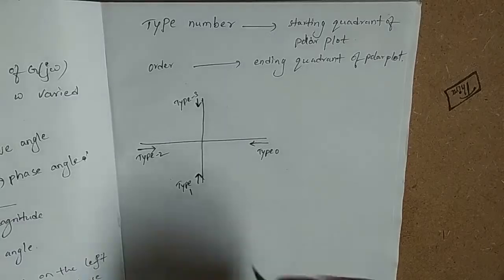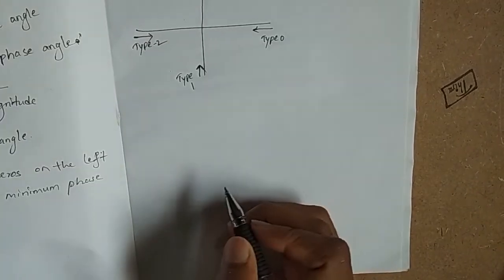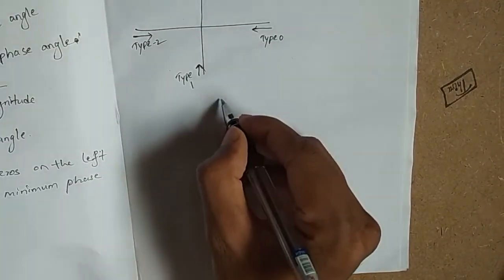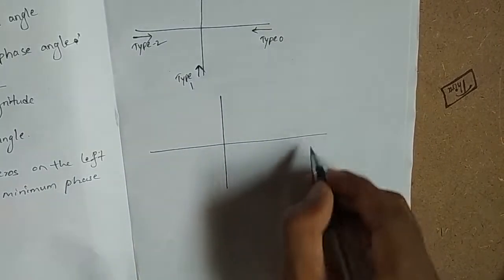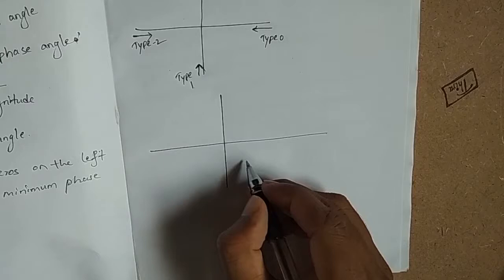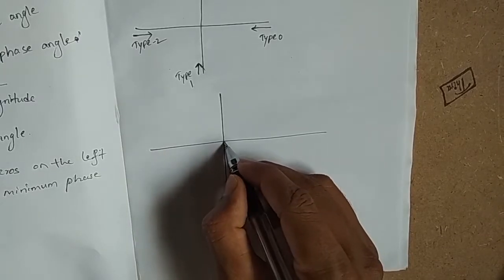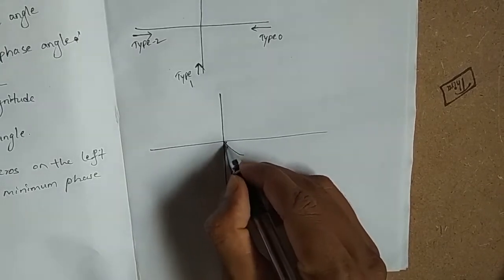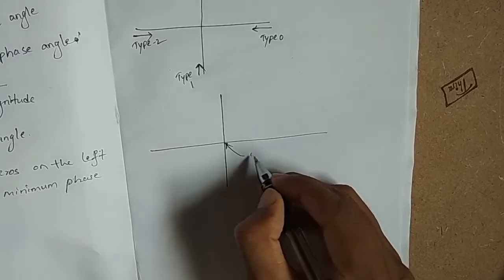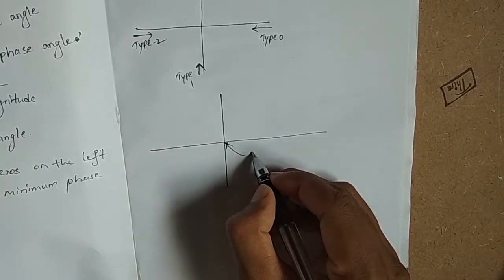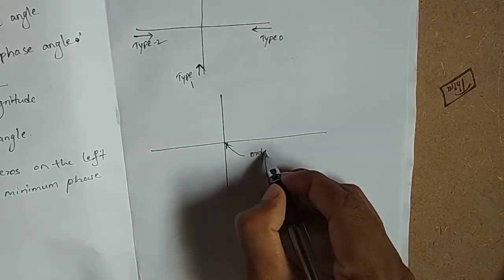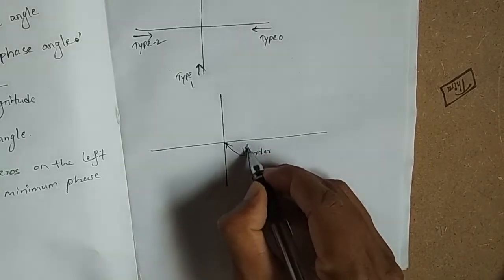Based on the order of the system, the ending quadrant of the polar plot is like this. If order is 1, then the polar plot ends in quadrant 4. This is the end point of the polar plot for a first order system.